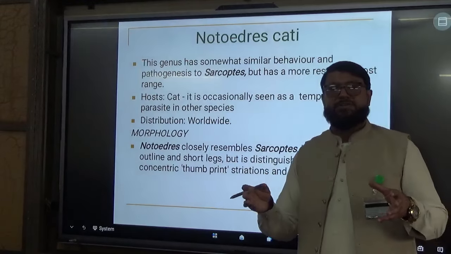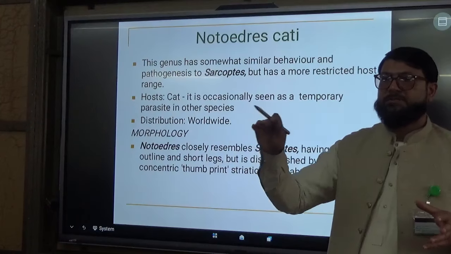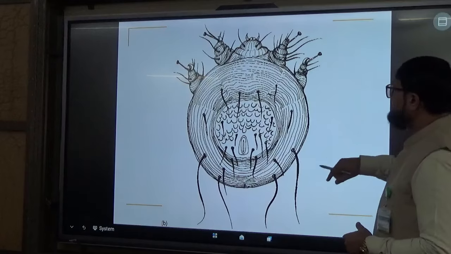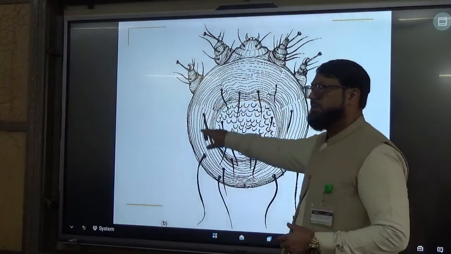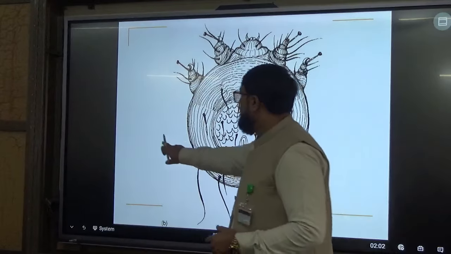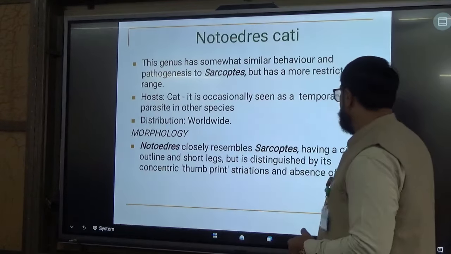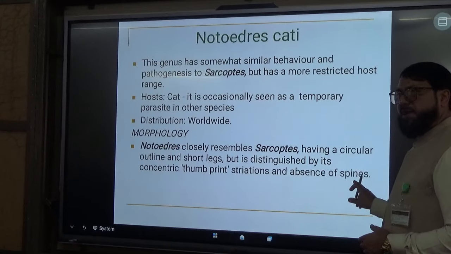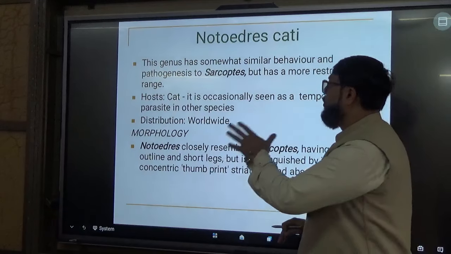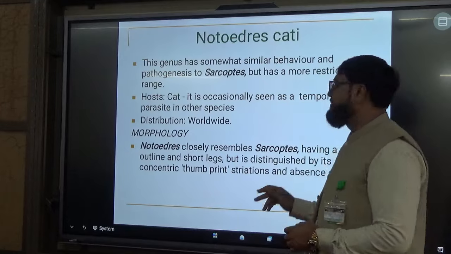What was the kind of striations earlier? They were transverse striations. And now, look at this. Concentric, making circular fashions. And one thing else, which is the absence of the spines. Previously, in the Sarcoptes, we talked about how the whole body was covered with spines and bristles.